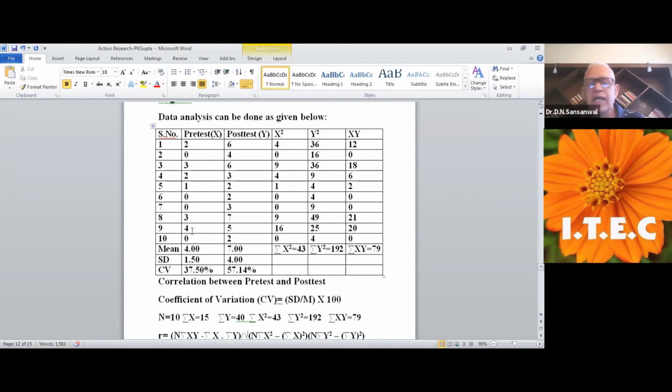Yes, see that total is 15, and when 15 is divided by 10, it will be 1.5. So either you people made a mistake or I made a mistake. And if you add this and then divide by 10, then it will be 4. So these values will change, so your standard deviation also will change.